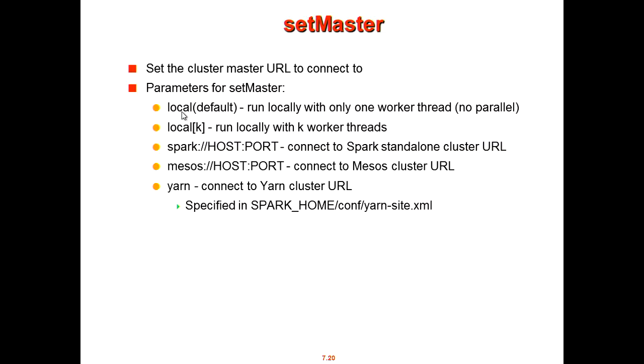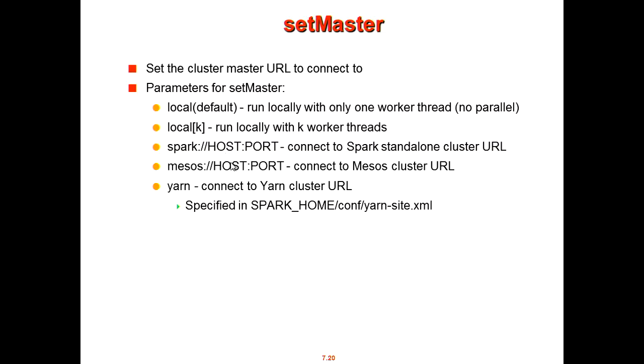So that's the default mode, and you can use this mode to debug your code. And next is local[K]. So it also runs locally, but with K worker threads. So these are not real distributed environments, okay, because it runs locally just on one computer.